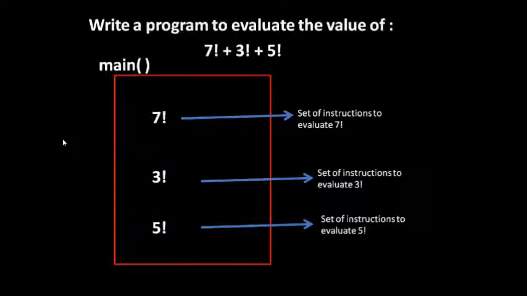right? So in this case, you need to write a set of instructions which performs the same function, which evaluates the factorial of a number. You need to write that set of instructions 3 times in your program within the main function, to evaluate the factorial of a given number.